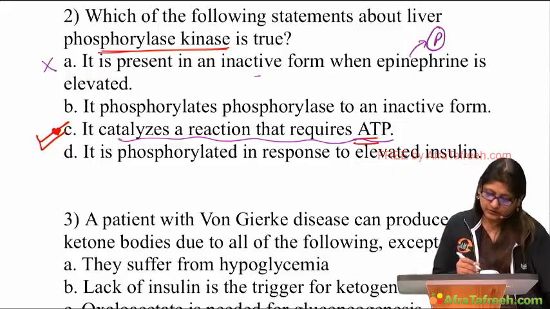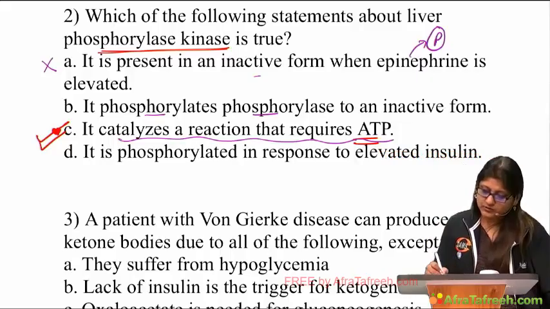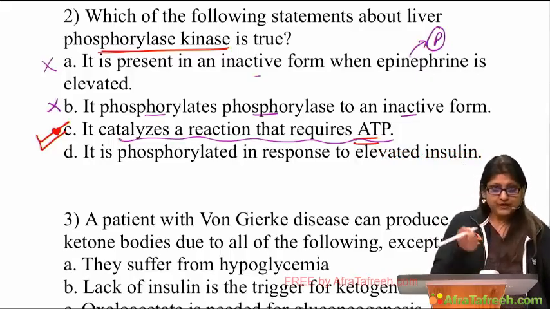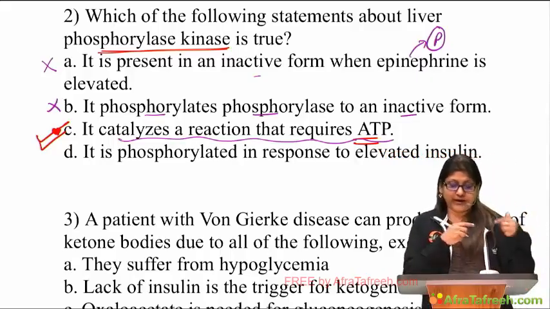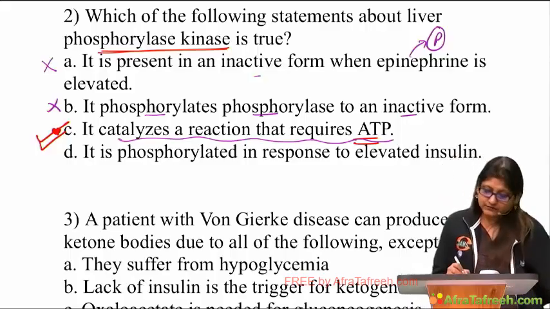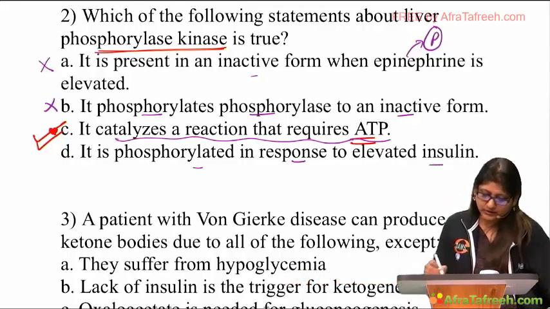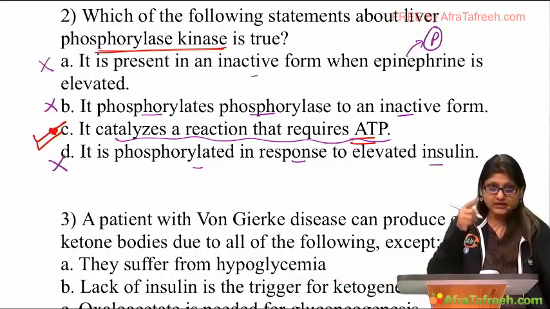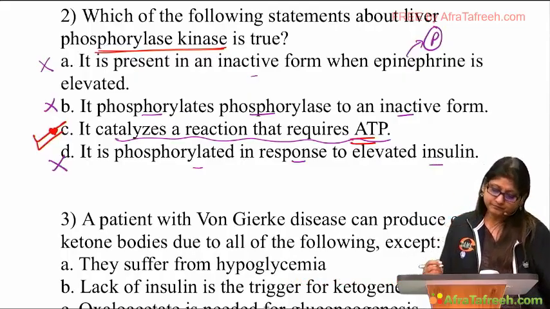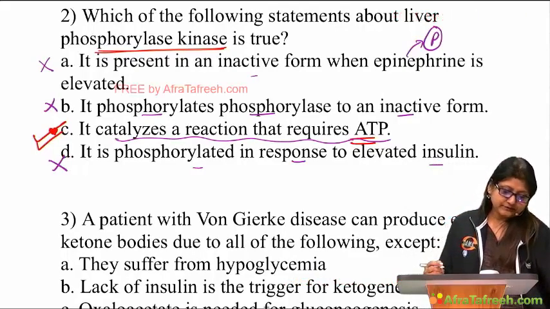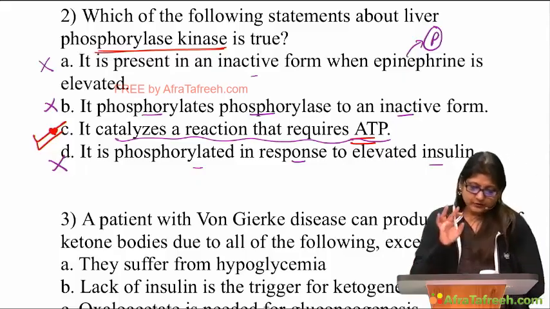It phosphorylates phosphorylase to inactive form, wrong. I told you just now, it phosphorylates phosphorylase to active form. It is phosphorylated in response to insulin, wrong. It is phosphorylated in response to epinephrine. Right. Okay, very good. So the answer for the second question is C.